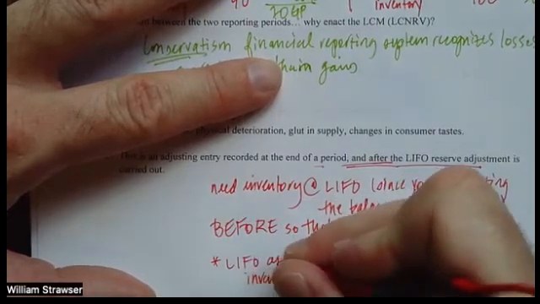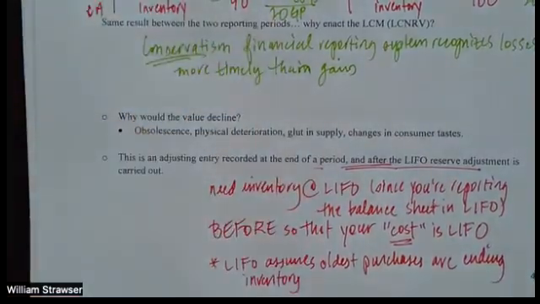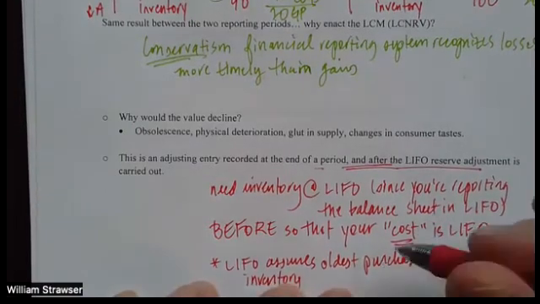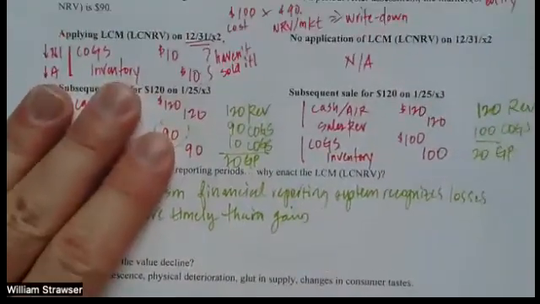If my oldest purchases are my ending inventory, that means in times of rising prices, they're going to be my cheapest in terms of inventory cost. And if they're my cheapest, that will affect the cost that I'm comparing. Remember that one of the advantages that I said LIFO has is that it's less likely you're going to write down the inventory in a lower of cost or market analysis.